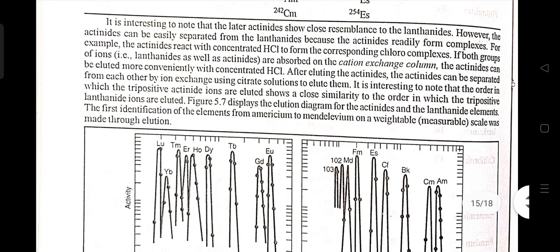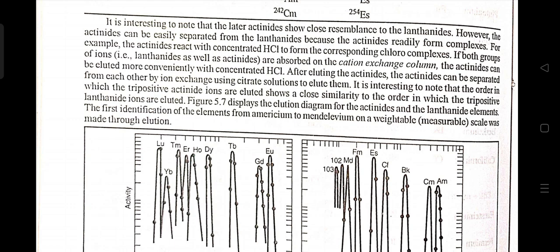It is interesting to note that the later actinides show close resemblance to the lanthanides. However, the actinides can easily be separated from the lanthanides because the actinides readily form complexes. For example, the actinides react with concentrated HCl to form the corresponding chloro complexes. If both groups of ions are absorbed on a cation exchange column, the actinides can be eluted more conveniently with concentrated HCl.